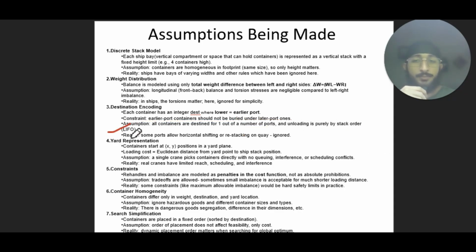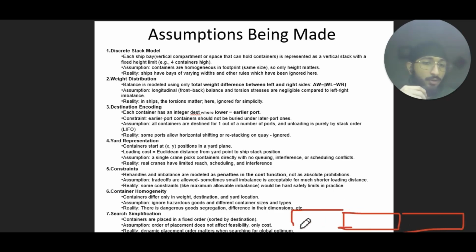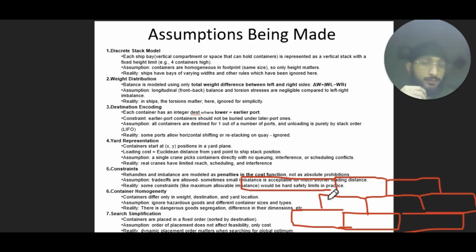So we employ this assumption, and the reality is that some ports allow horizontal shifting or restacking on queue, which has been ignored here. For example, there are cases in which containers are loaded in this format on a ship, right? So let me draw and show you. For example, if we have containers loaded in this format, these are all containers.